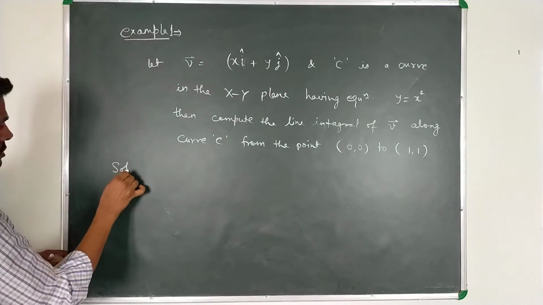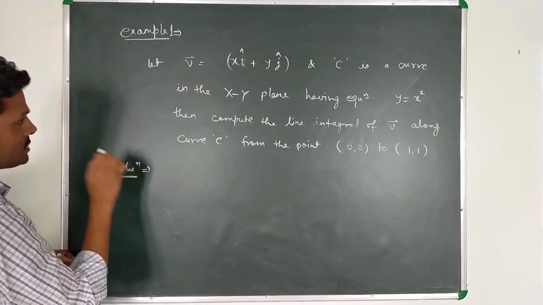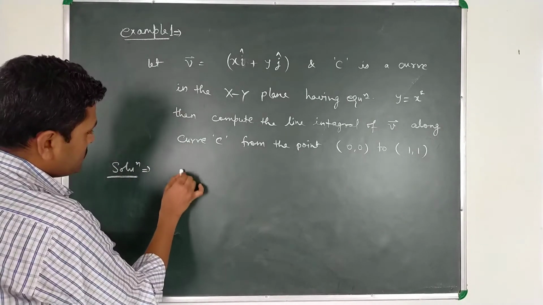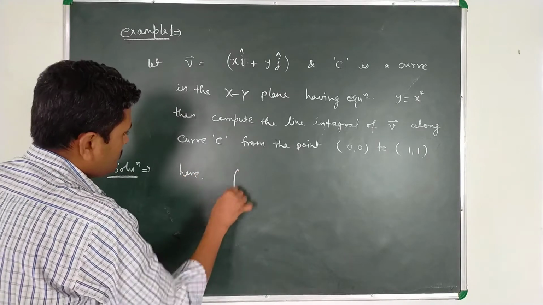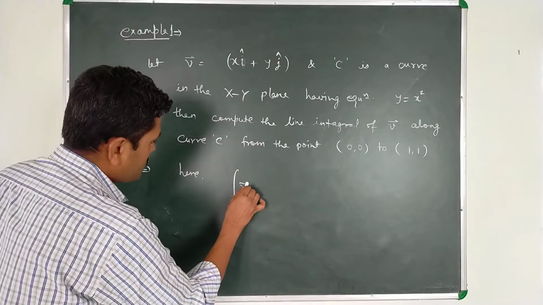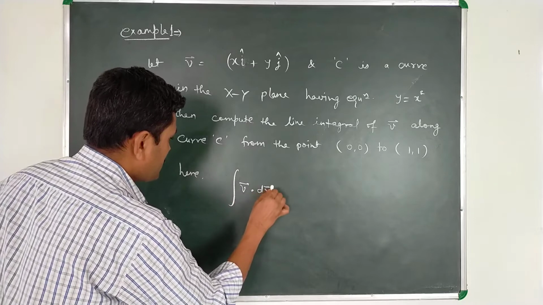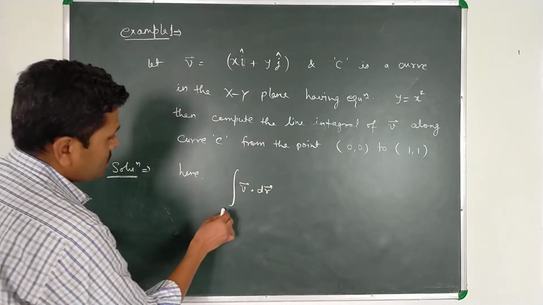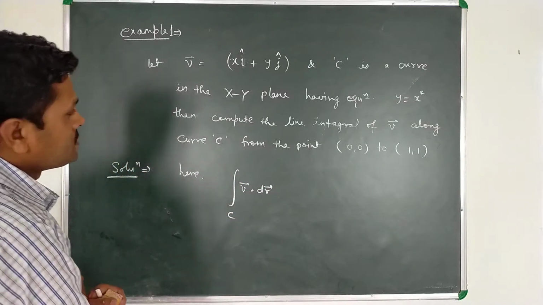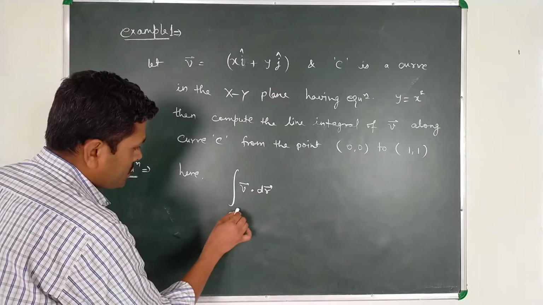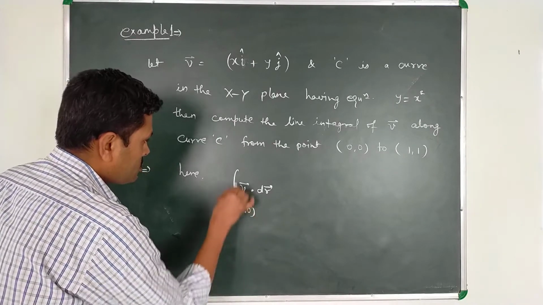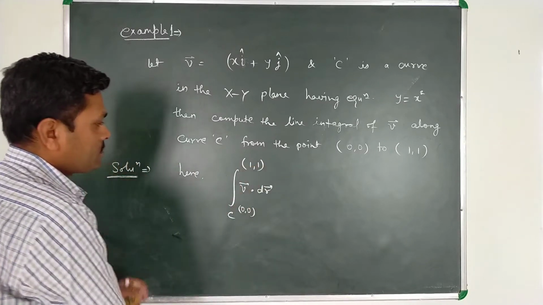Now its solution is here. Here we have to compute the integral v dot dr along the curve C from which point? From 0 0 to 1 1.